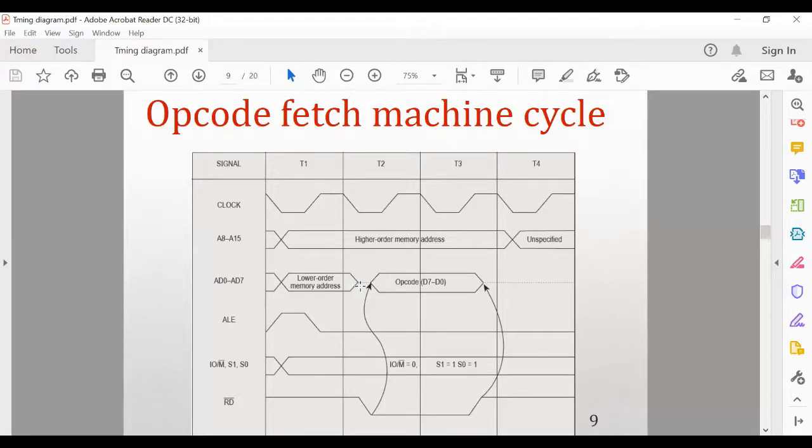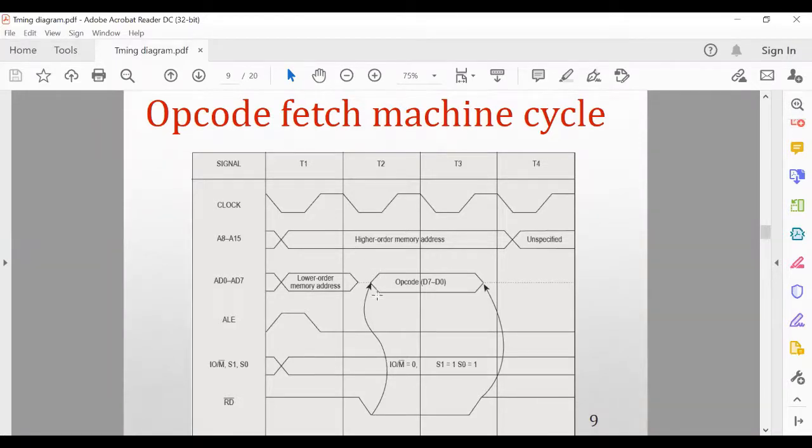This dotted line reflects the high impedance state. It is the changeover mode from the address bus to the data bus. And these lines are not changed in any way, because these 8 address lines are specifically designed to give the address only. There will be no data.